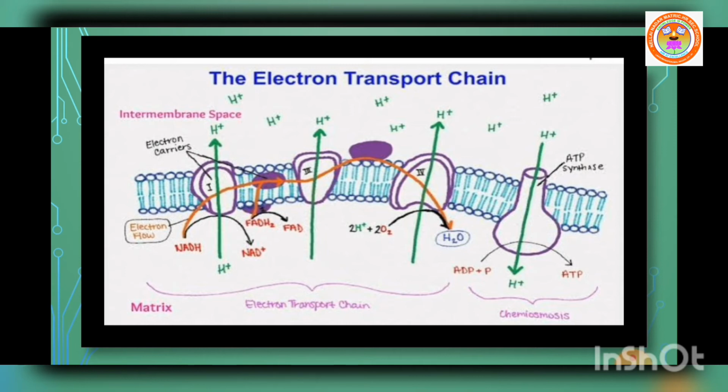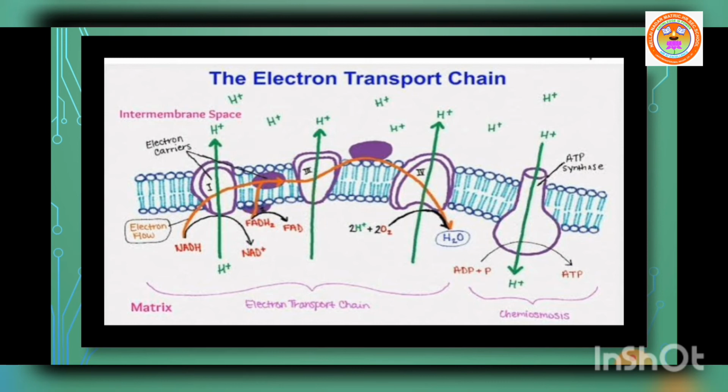So what do you mean by phosphorylation? Addition of phosphate to a substrate is called phosphorylation. This phosphorylation takes place in the oxidation process, that's why it is called oxidative phosphorylation. In this process, oxygen, the ultimate acceptor of electrons, gets reduced to water. So in the electron transport chain, energy is released.